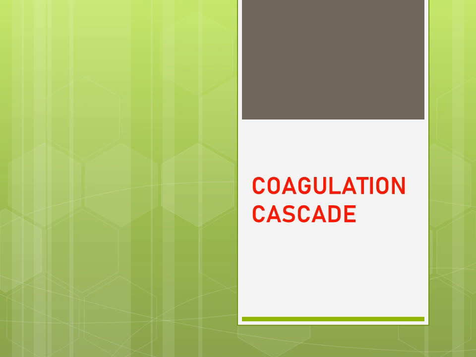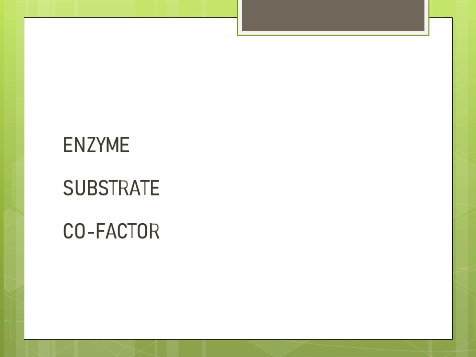This whole coagulation cascade involves various substances. These important substances include enzymes, a substrate, and a cofactor. The enzyme is the activated coagulation factor. Substrate is the inactive form of that coagulation factor. And the cofactor, as you all know, is the reaction accelerator.